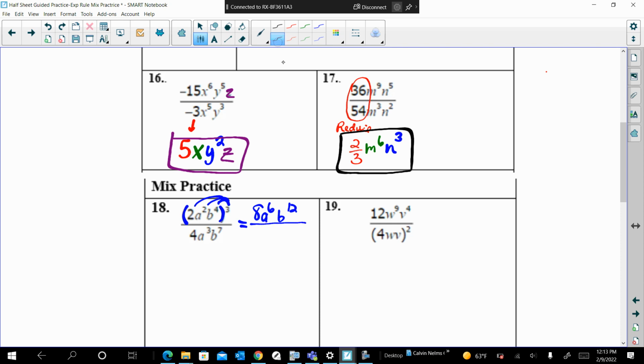That's going to be over 4, a to the 3rd, b to the 7th. All right, so we can reduce the 8 over 4. So that becomes 2. Then if you look at the variable a to the 6th divided by a to the 3rd, 6 minus 3 gives me a to the 3rd again, a power of 3. And then you go to your b's. 12 minus 7 leaves you with 5. So it's 2a cubed b to the 5th.